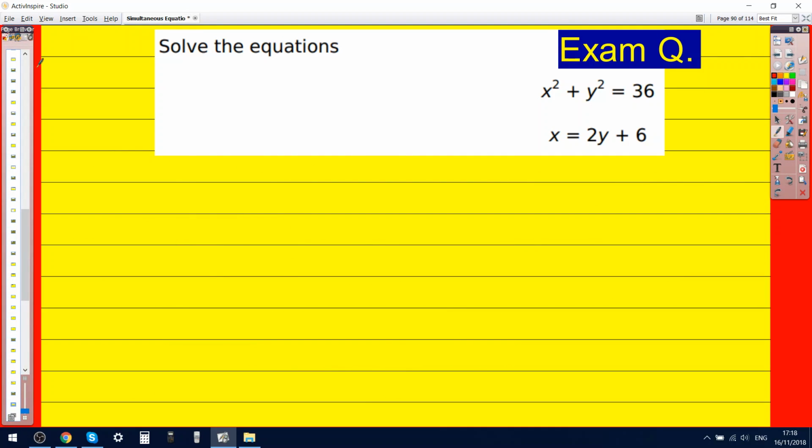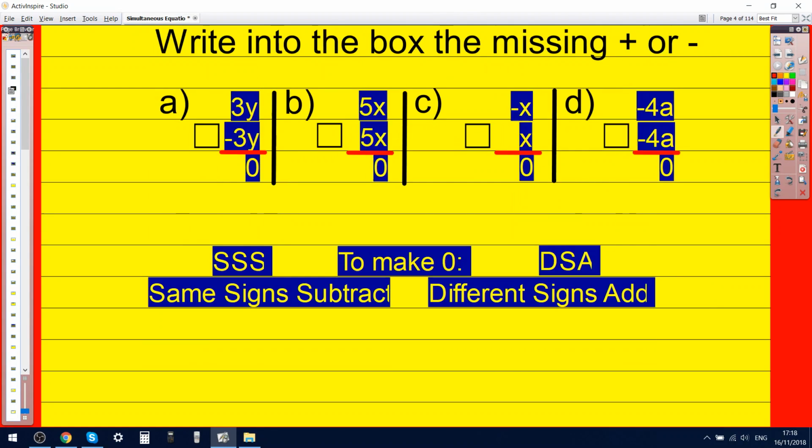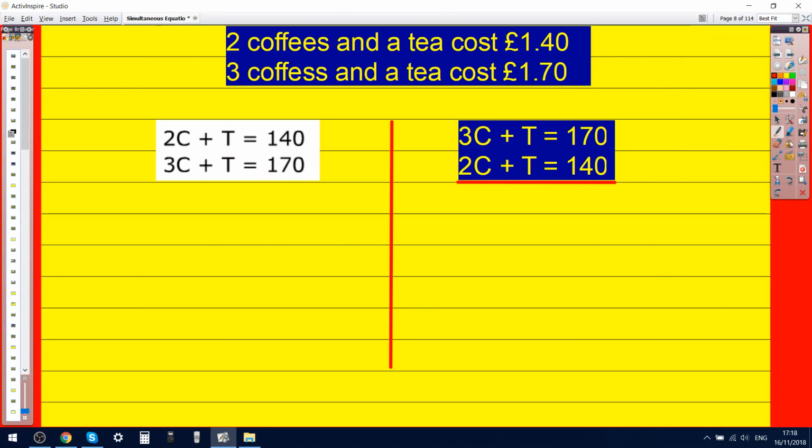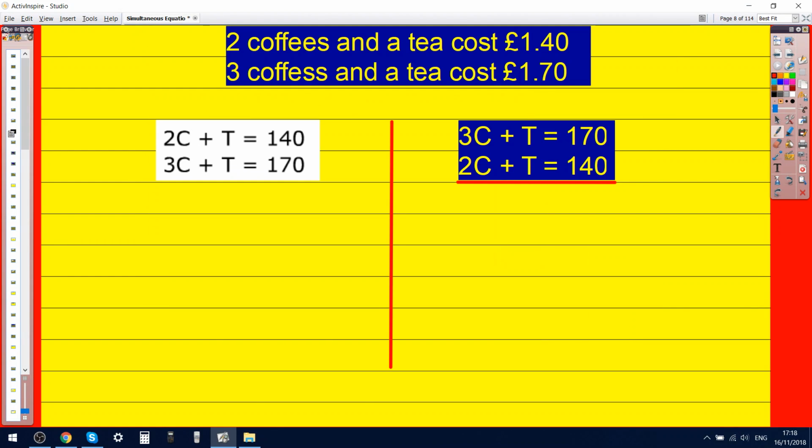So those are similar. Okay, so I'll do the other simultaneous equations. I'll just go straight to the exam questions, see how you get on. I'll skip straight to this one actually. How would you do this? It's the same question, just written in different ways. I'll turn a new page.